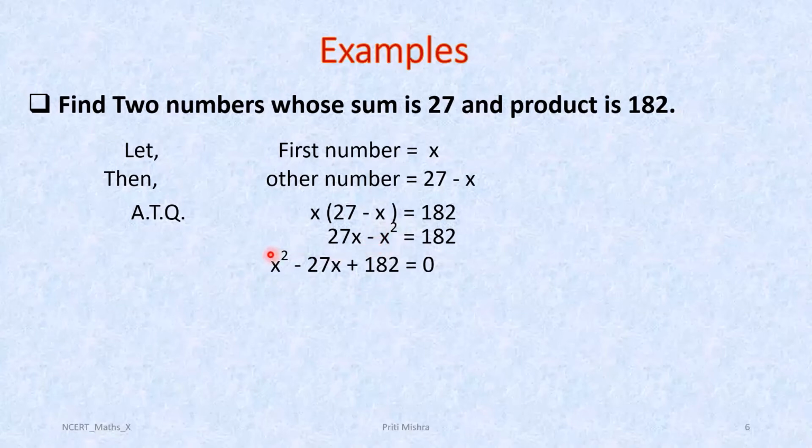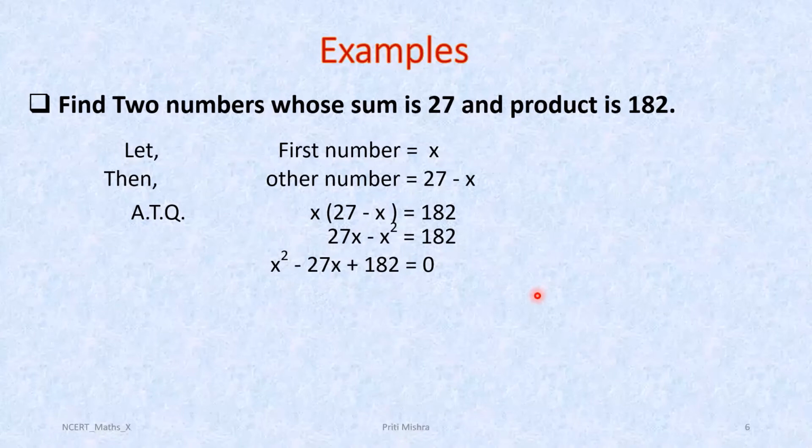In order to make the coefficient of x square positive, we multiply the whole equation by minus 1. Finally we have the equation x square minus 27x plus 182 is equal to 0. So it's of the form ax square plus bx plus c equals 0, which is a quadratic equation.